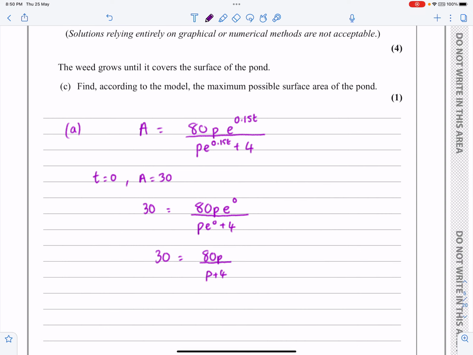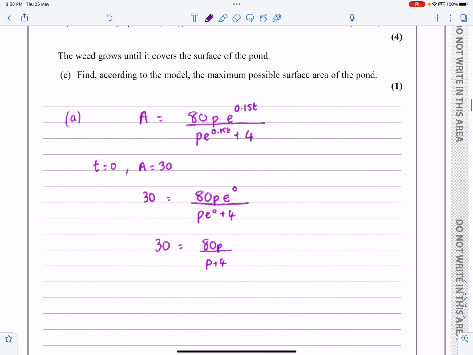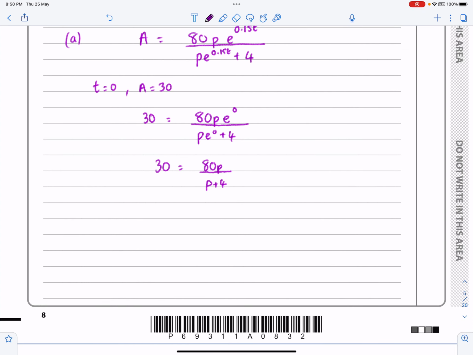So this is what I was saying before. This is actually a relatively straightforward thing to do now. It looked complicated at the start, but just multiply everything by p plus 4. So I'm going to get 30 times (p plus 4) equals 80p, which is 30p plus 120 equals 80p. Rearranging that, 120 is equal to 50p.